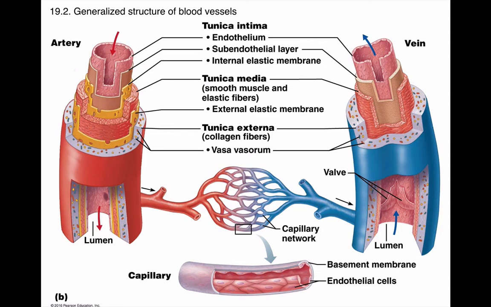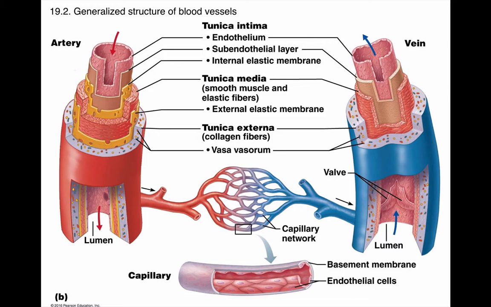Now, veins are similar to arteries in that they have 3 layers of tissues that support them, but they're a little bit more stripped down. Notice that they have an endothelium. There's this subendothelial layer, sort of like a basement membrane, but notice that there are no elastic membranes, neither internal nor external elastic membranes in veins.